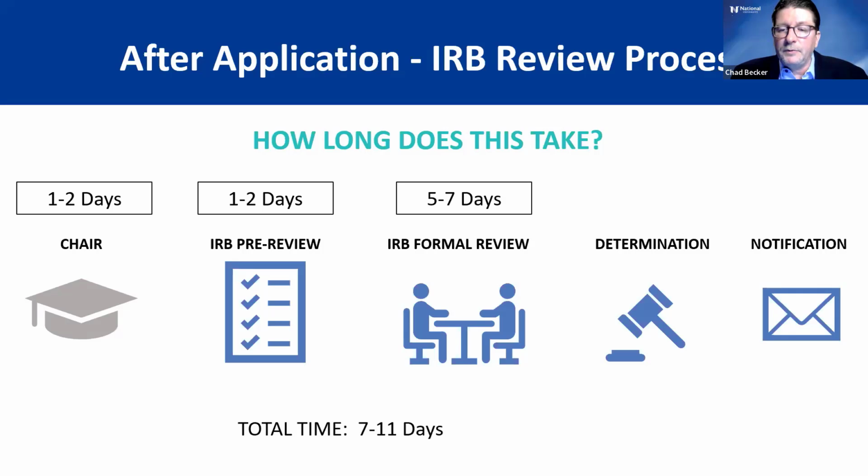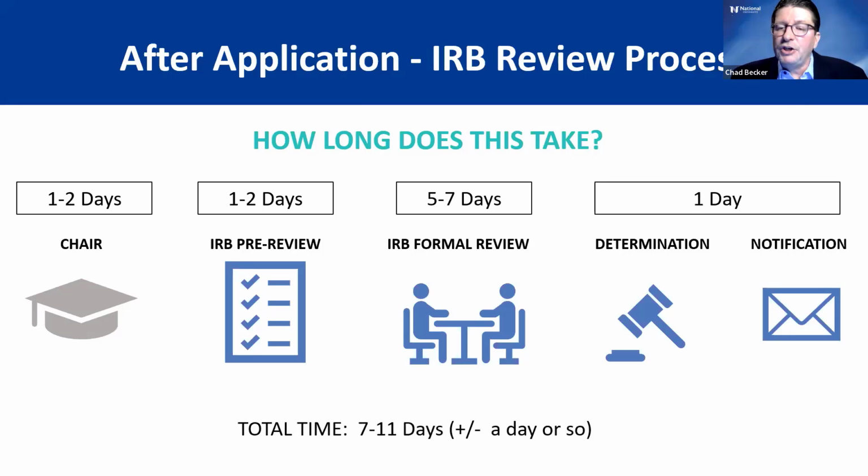We're at 7 to 11 days. Determination and notification usually takes 1 day. So this would be the quickest that you would move through the IRB. If you did have multiple rounds at any of these points, you would then necessarily have more time in our process. Any questions at this point?